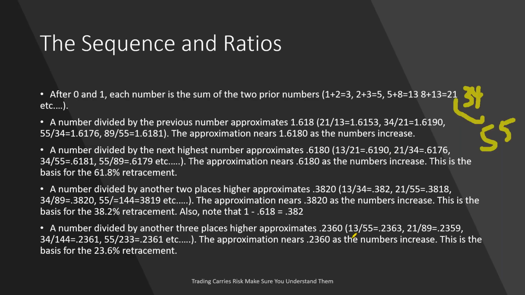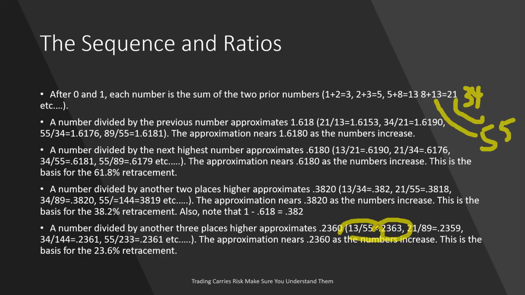And we were to go 2 digits over and take the 13 divided by the 55, that would give us 0.236, and just so on and so forth. So that gives us the 0.236 approximation, and this is the basis of the 23.6 retracement on the Fibonacci tool.